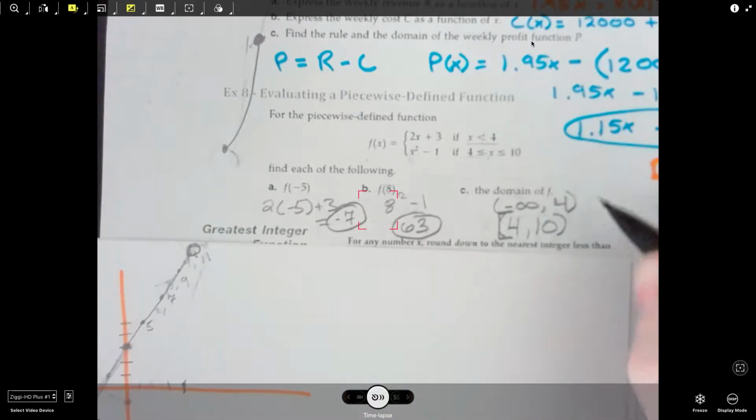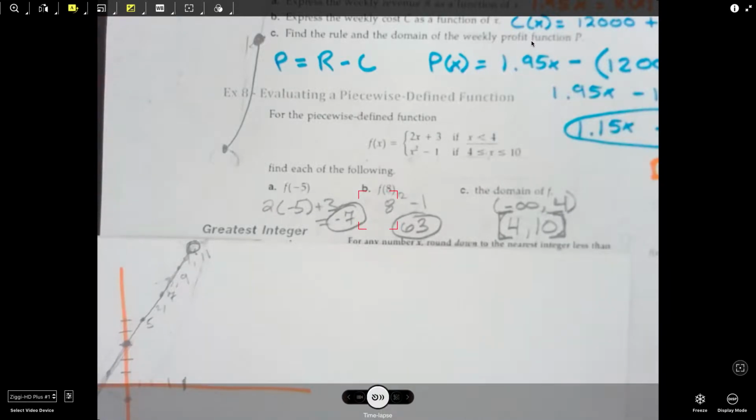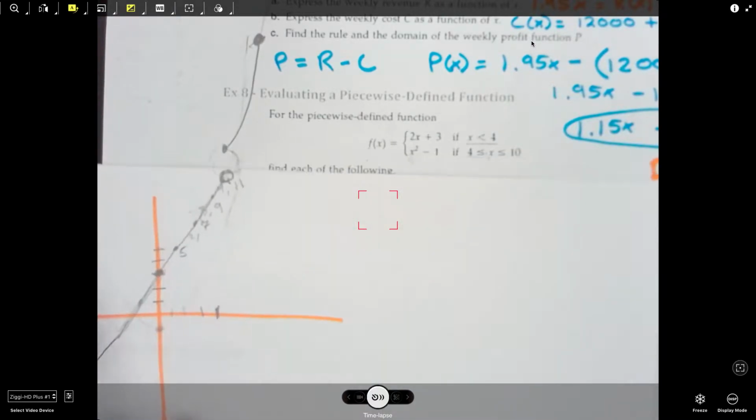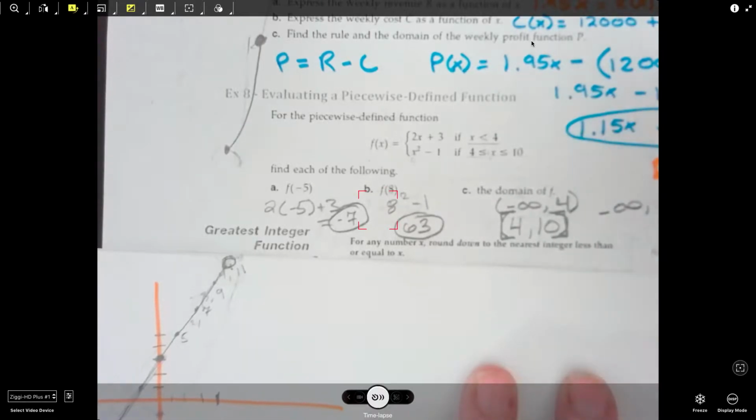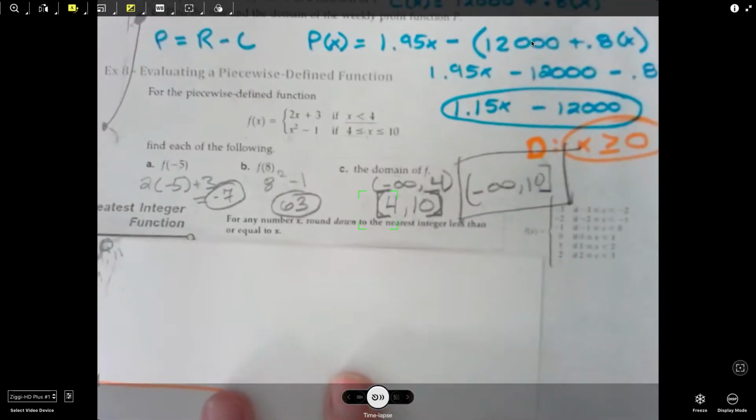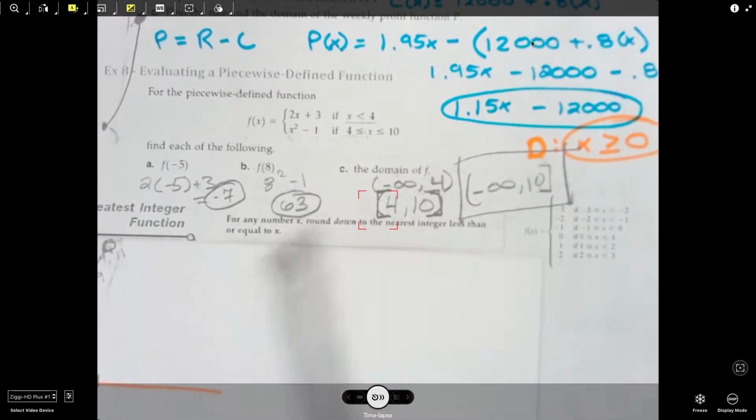Bracket. So basically it's touching every x coordinate. I can plug in any x coordinate between negative infinity and 4. Or, excuse me, negative infinity and 10. I'm really doing a good job here. Negative infinity and 10. This will work. Any number between negative infinity and 10 I can plug in and it will spit me out something, whether it's in the top equation or the bottom equation.